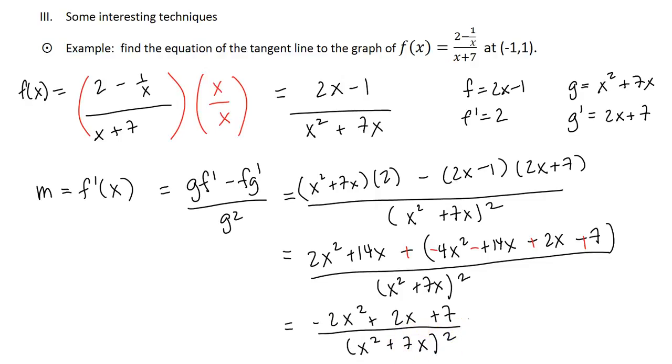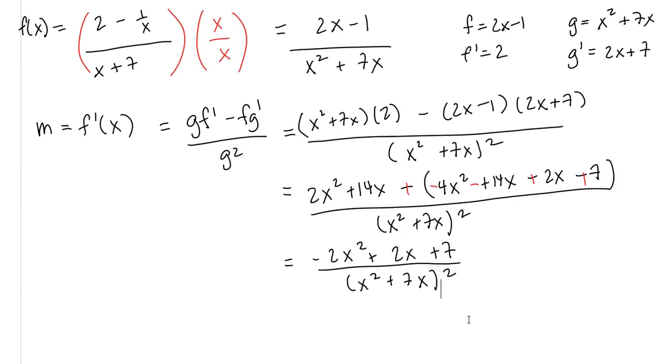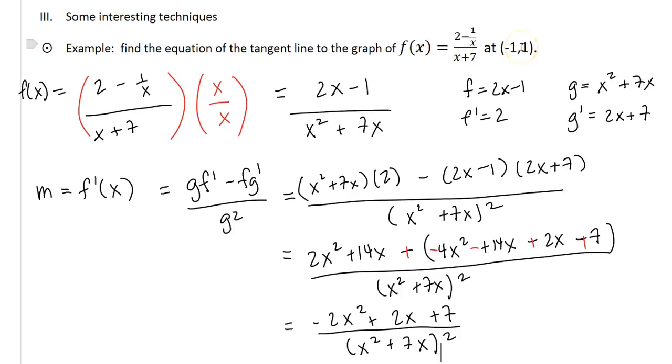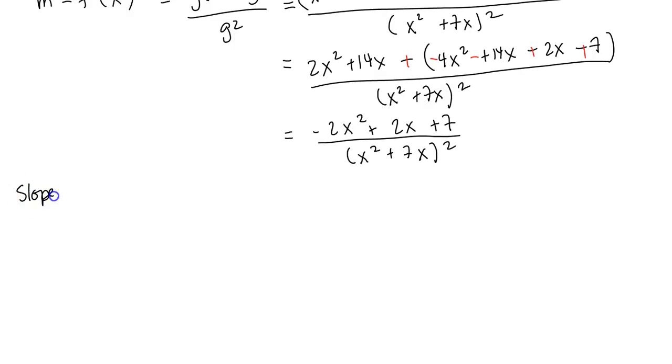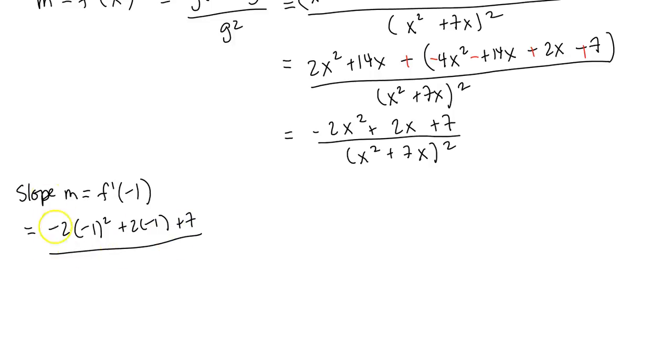So this is a formula for the slope, and if I want to find the slope, I'm just going to plug in the value of x. So in this case, x equals negative 1. So my slope, m, is going to be f prime of negative 1, which is (negative 2 times negative 1 squared plus 2 times negative 1 plus 7), all divided by (negative 1 squared plus 7 times negative 1) squared.